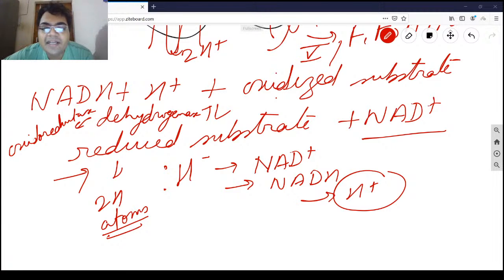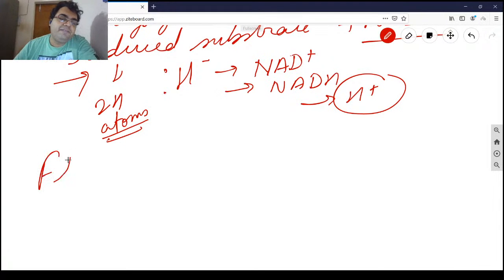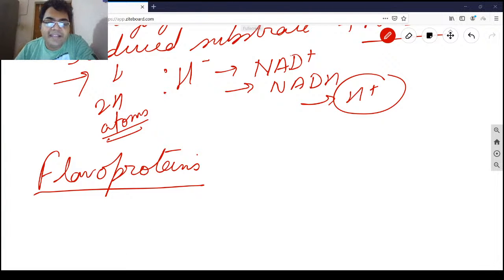Now, one more thing I'll tell you, that we have looked at FAD, and there are also flavin mononucleotides, FMN also. Those are known as flavoproteins that we saw in the Krebs cycle. Just like NADH, they are electron carriers.